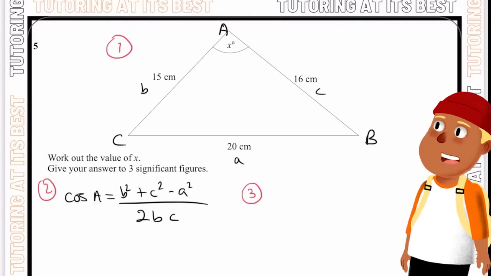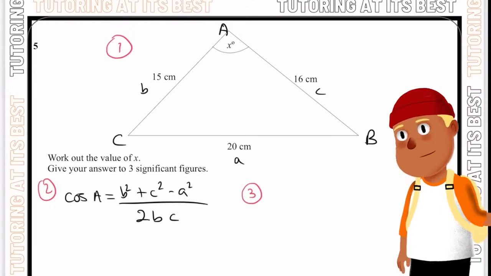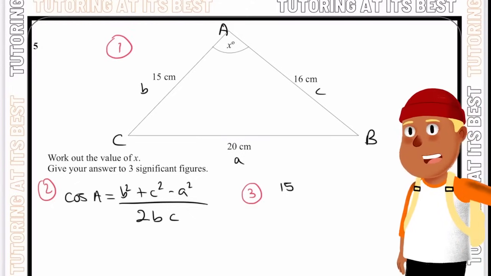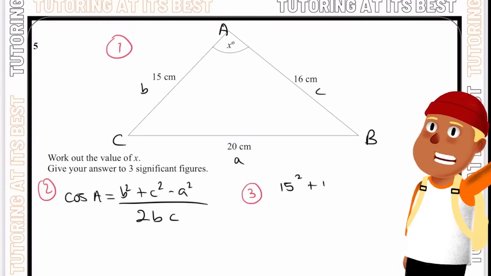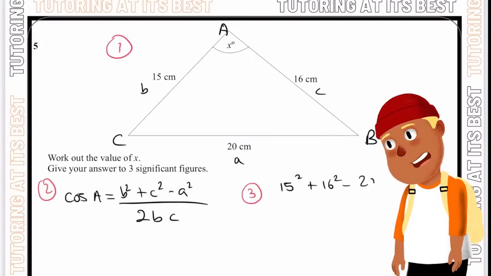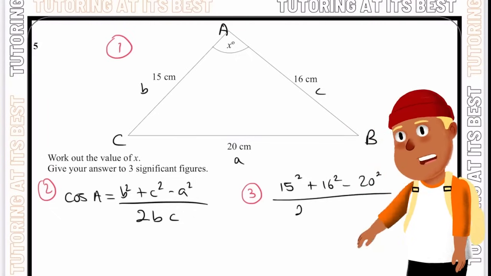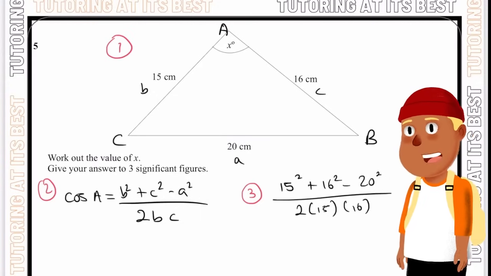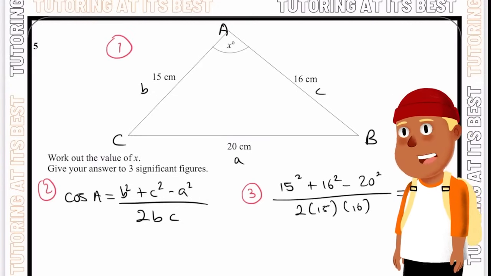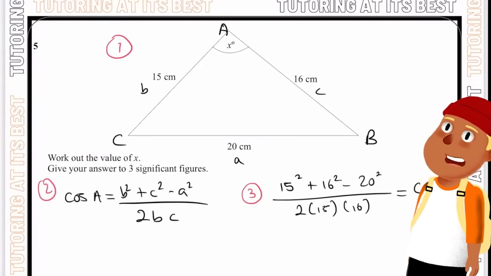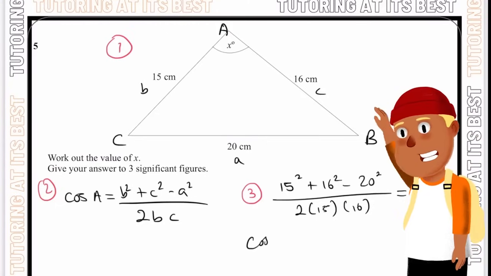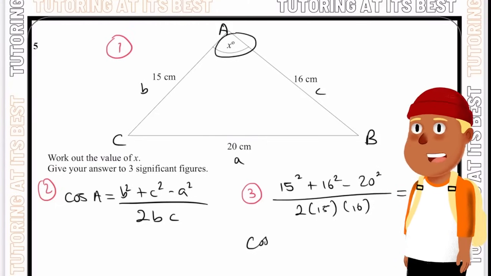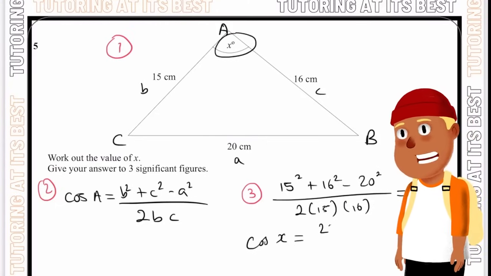And again, now that we've done that, let's go ahead and substitute and calculate this out. So we'll have 15 squared plus 16 squared minus 20 squared over 2 times 15 times 16. And remember that is equal to cos A. So now we know that cos A, or in this case, cos X, will be equal to 27 over 160.